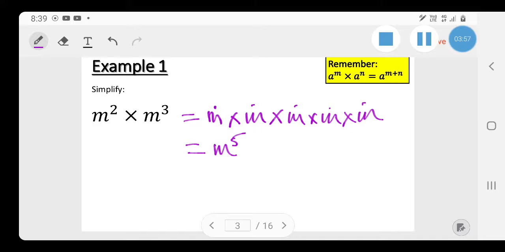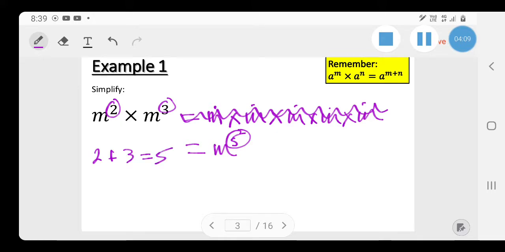But if you think about it, this step here was entirely unnecessary, because how do you get a 5 from a 2 and a 3? Well, you add them together. 2 plus 3 equals 5. So all you need to do to get the power of the answer, if you have same bases multiplied together, is to add those two indices together, and you will have your answer.